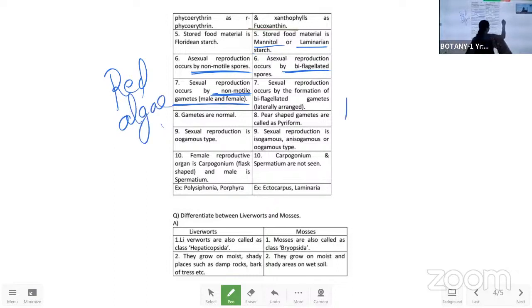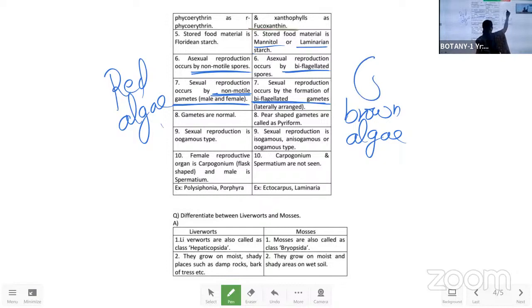These are the red algae, and these are the brown algae. In the brown algae, the sexual reproduction occurs by the formation of biflagellated gametes. And these flagella are present on the lateral side of the gametes. Like this.